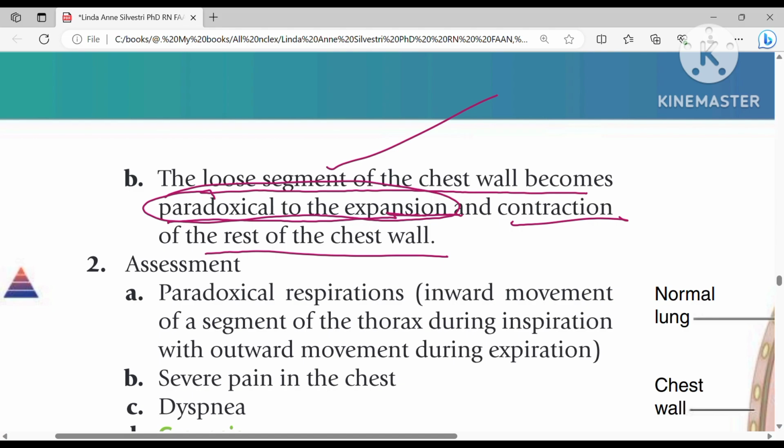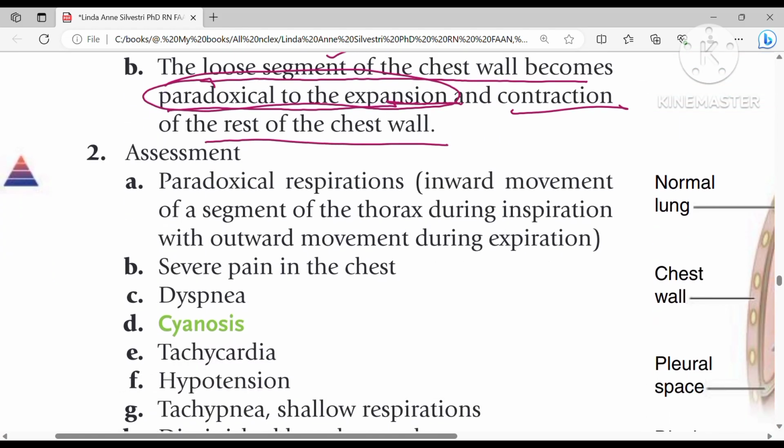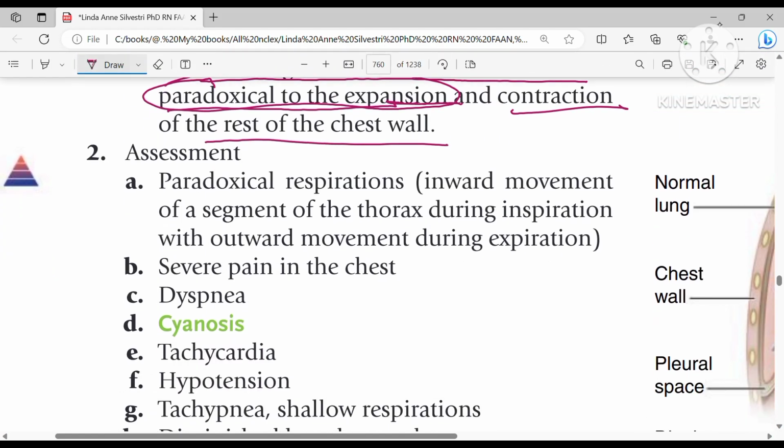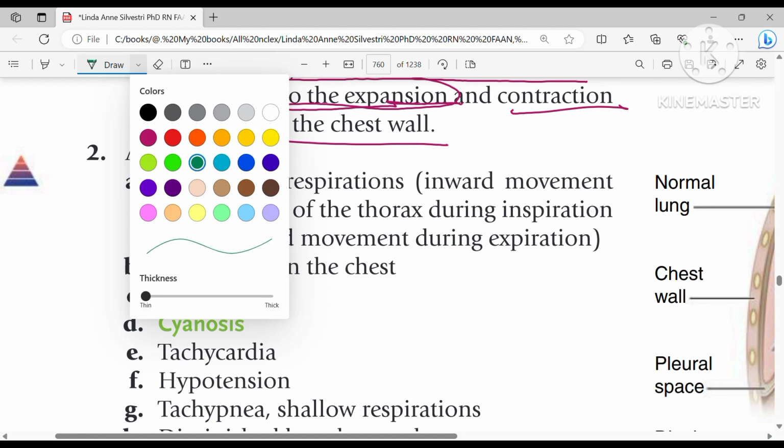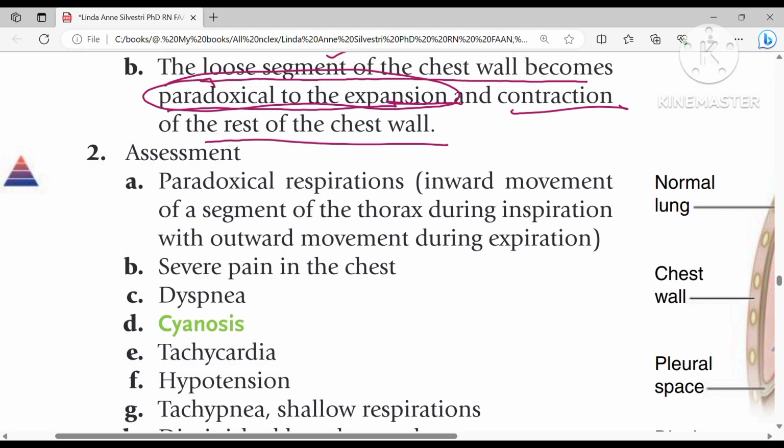So we used to say paradoxical respiration will be there. When the rest of the chest wall expands, this segment will be contracted. So this is very important. In assessment, what will we see? In flail chest, paradoxical respiration will be there.